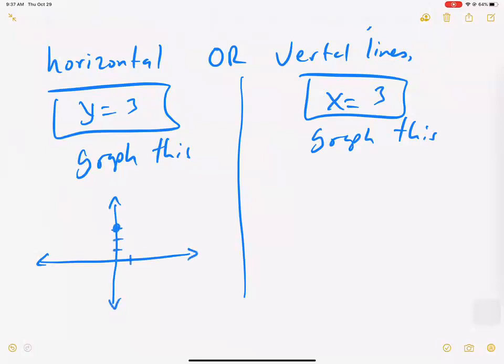At x is 1, y is 3. When x is 2, y is 3. When x is 3, y is 3. When x is negative 1, y is 3. When x is negative 2, y is 3. Can we just understand that y is 3? When you see y is 3, you draw a line at y is 3.